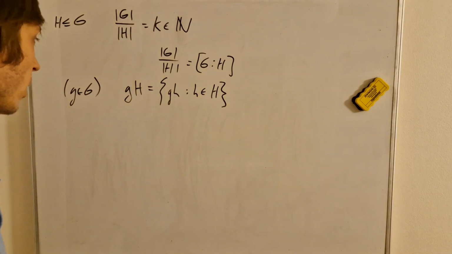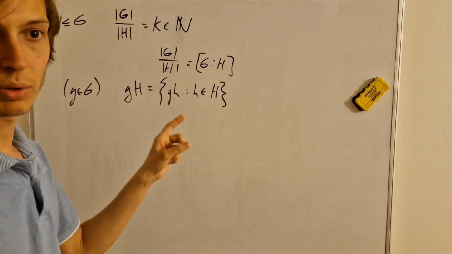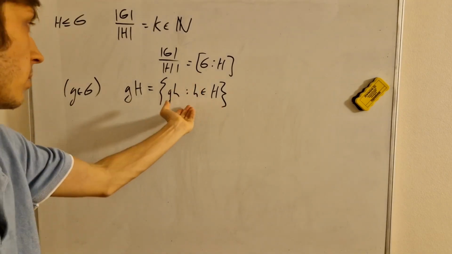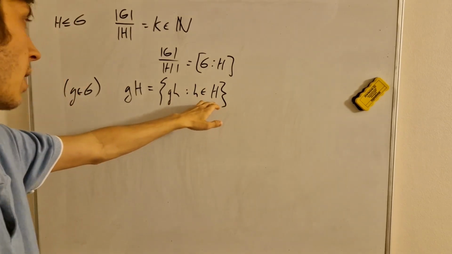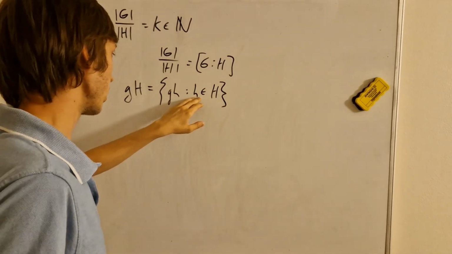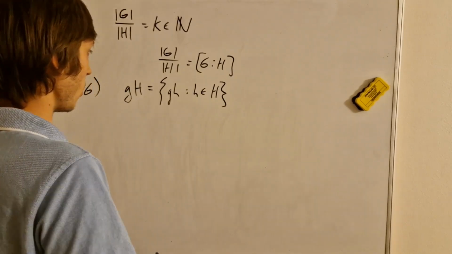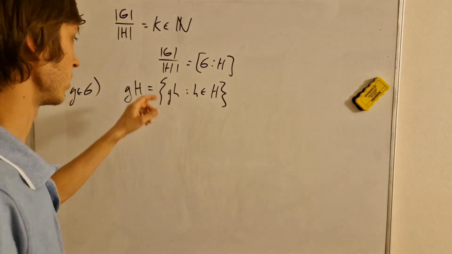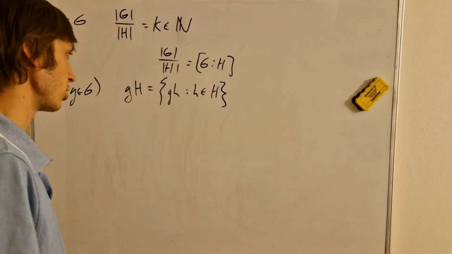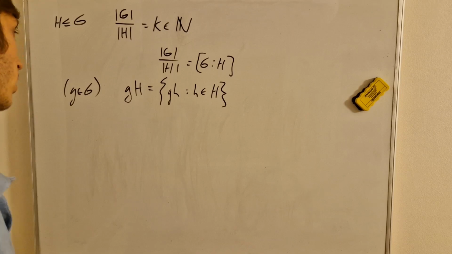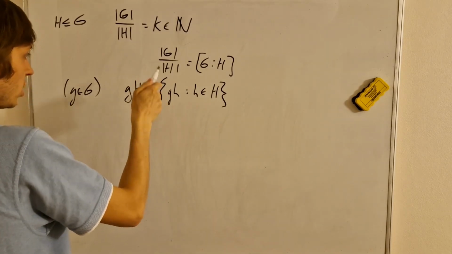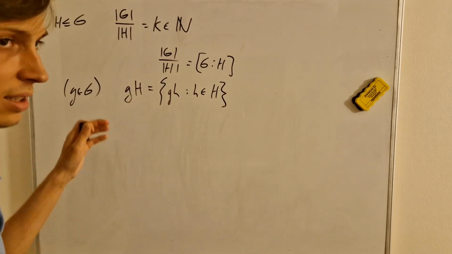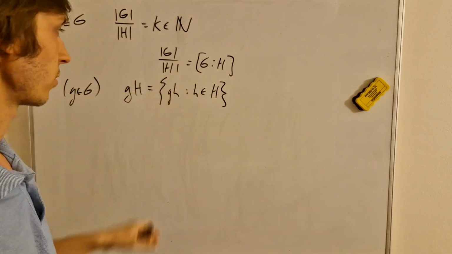As h spans the subgroup H, let's take all the products gh, the operation between g and h. That shows an element from G with every individual element from the subgroup H. So this is Lagrange theorem, and this is the definition of a coset.